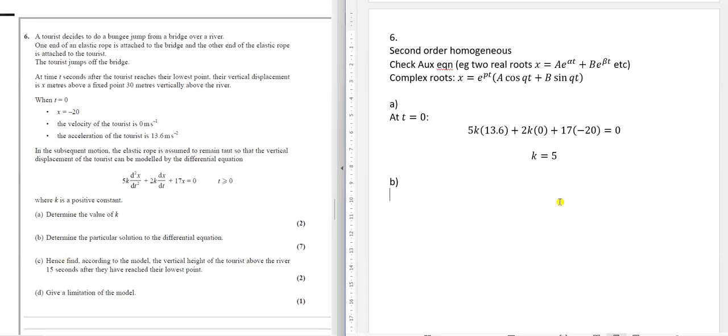Determine the particular solution. This is where we jump in and start doing what we're used to. 25 times m squared, and then 2 times k will be 10 times m, and 17. That's the auxiliary equation.